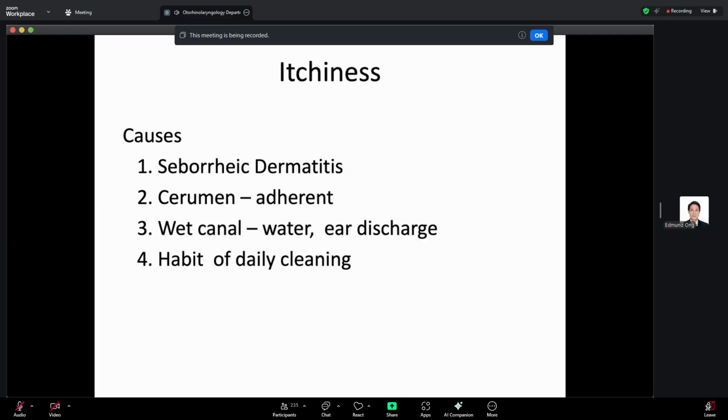Daily cleaning of your ears is a habit-forming problem that can cause itchiness. Of course, if you clean your ear daily, you remove the natural oiliness or the wax that's supposed to prevent that from happening. So if the ear canal is too dry, it can result in itchiness. Next slide.